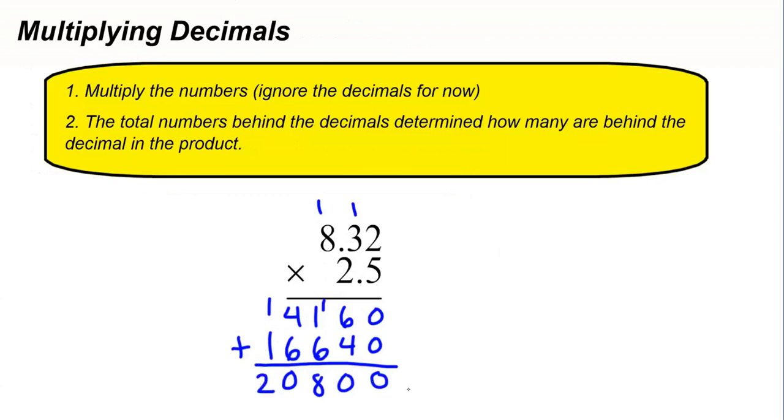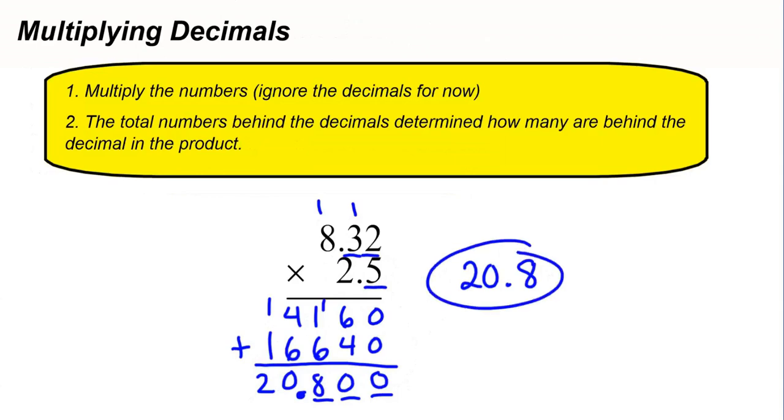Now where does the decimal go in my product? In the problem, there are 1, 2, 3 digits behind the decimal point total. That's how many digits will be behind the decimal in the product. So my answer is 20.800, or just 20.8. So there's a quick refresher on multiplying decimal values.